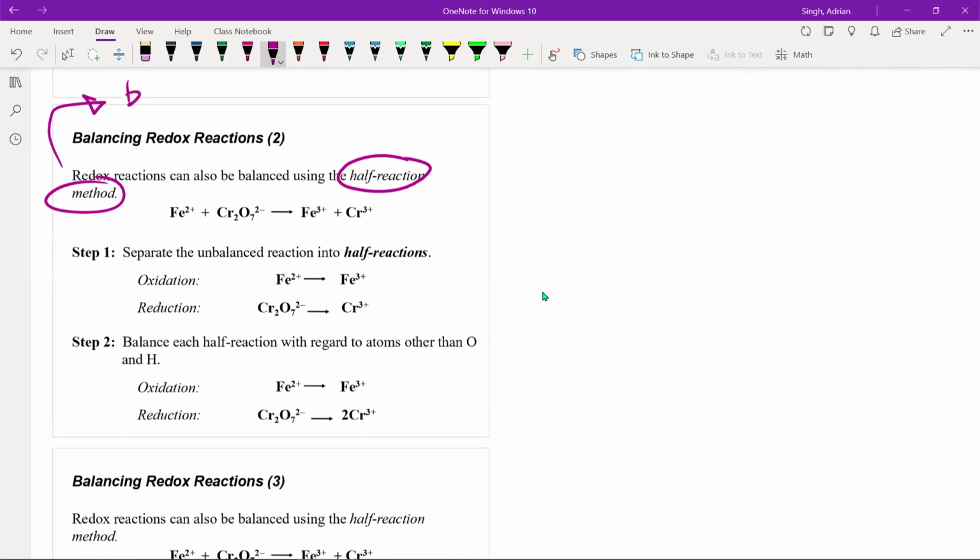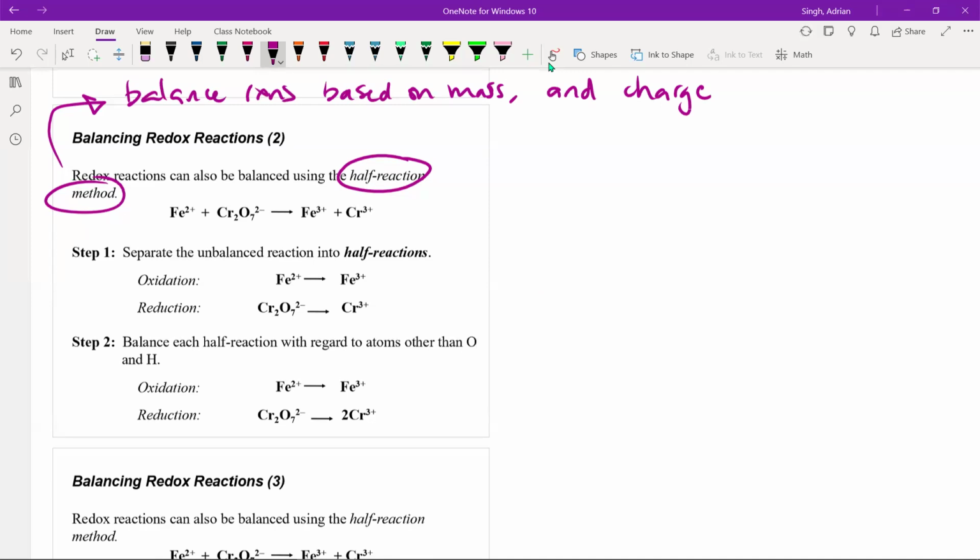We're used to balancing reactions based on mass, meaning that you have the same number and types of atoms on the left side and the right side. But now we're also going to balance reactions based on mass and charge, because your redox reactions are going to involve the movement of electrons and other species that have charges as well.